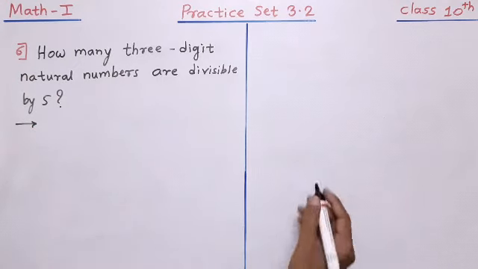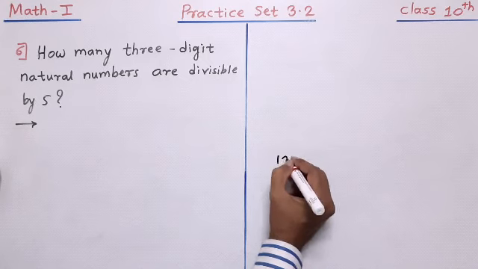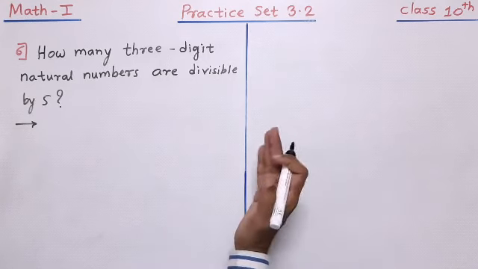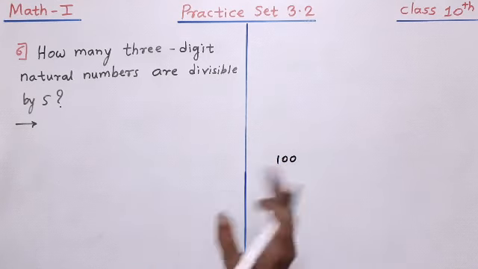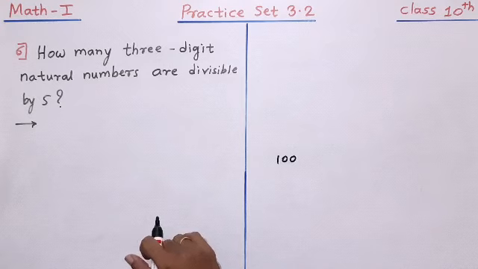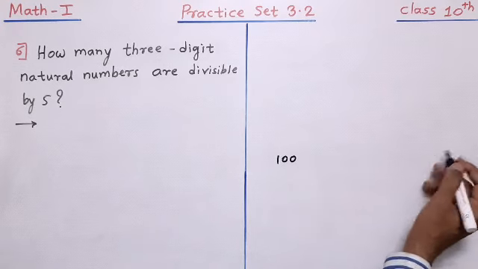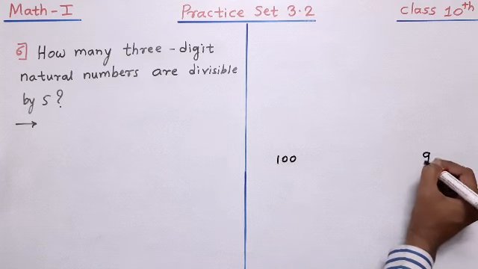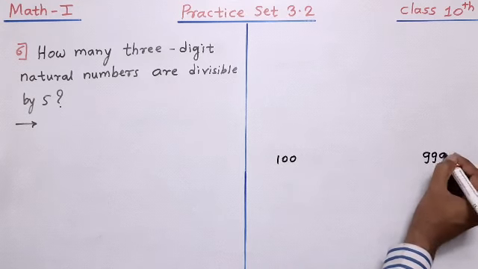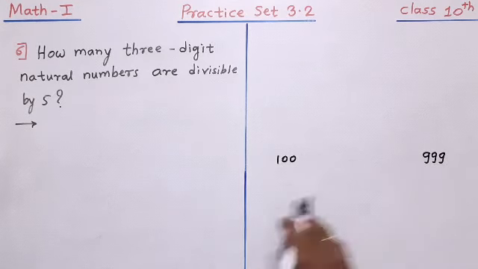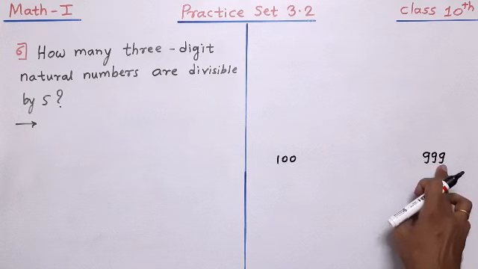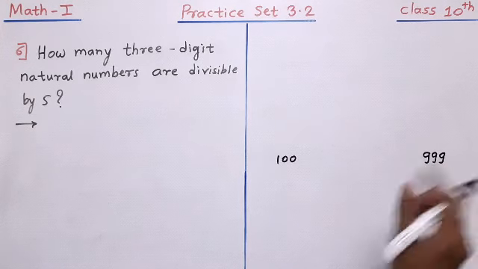You know that the smallest 3-digit number is 100. Before 100 they are all 2-digit or 1-digit numbers. And the last 3-digit number is 999, because after 999 there is the number 1000, which is a 4-digit number.